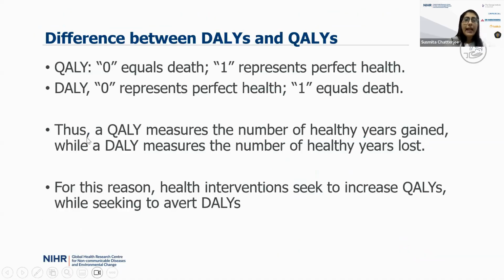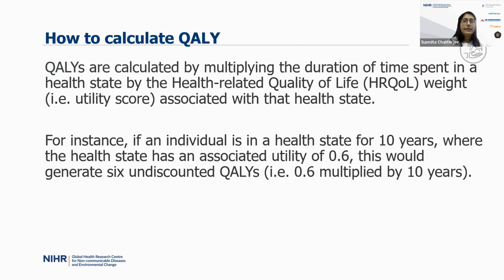Now, I mentioned that QALY is just the opposite of DALY. QALY I want to gain because QALY is the good thing. DALY I want to avert. Now, the question comes, how do I calculate QALY? Because I calculated DALY. Now, how can I calculate QALY?